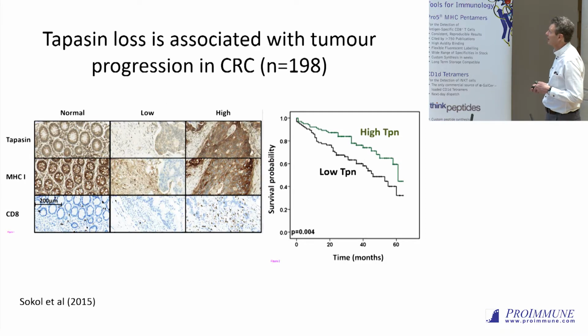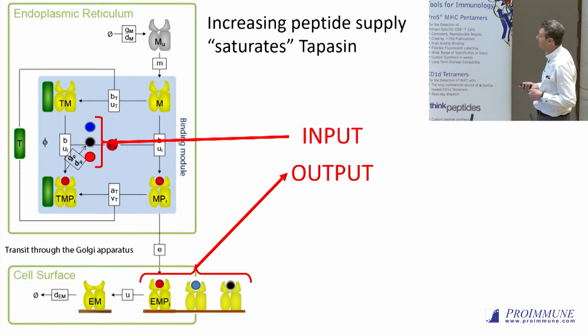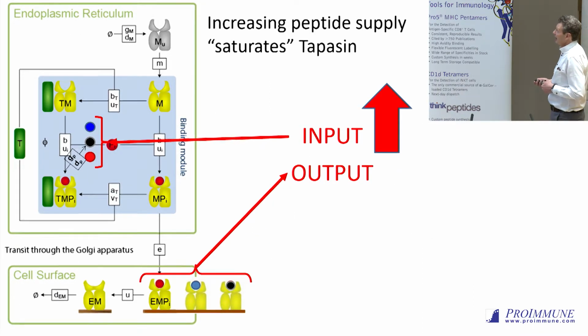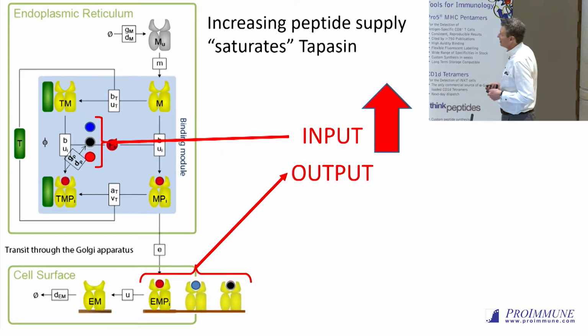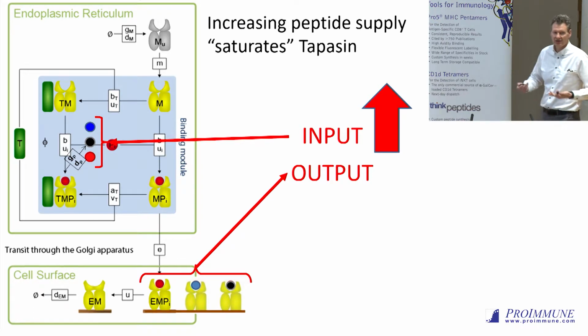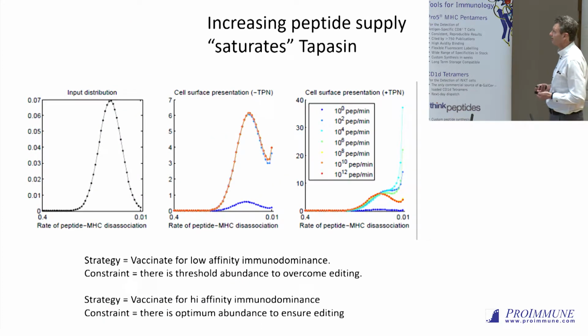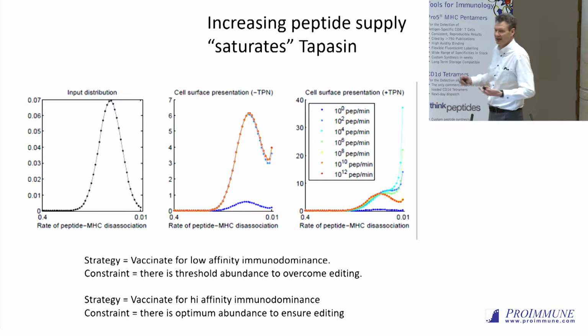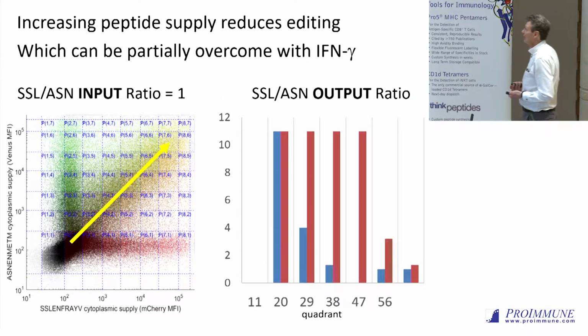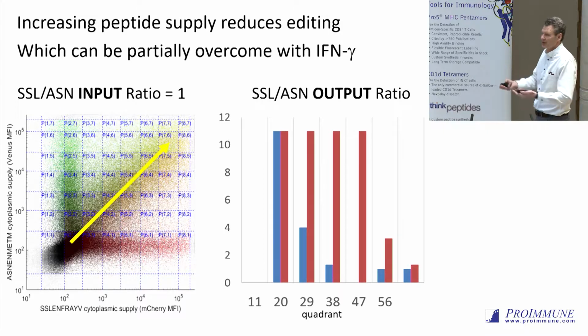And what we'd like to know, of course, is which responses, which peptides persist as tumours begin to lose the expression of tapasin and MHC class I. And we can also predict the likelihood of presentation of peptides if we overexpress certain antigens inside the cytosol, so in a kind of vaccine setting. So what happens when you overexpress low affinity peptides, for example?